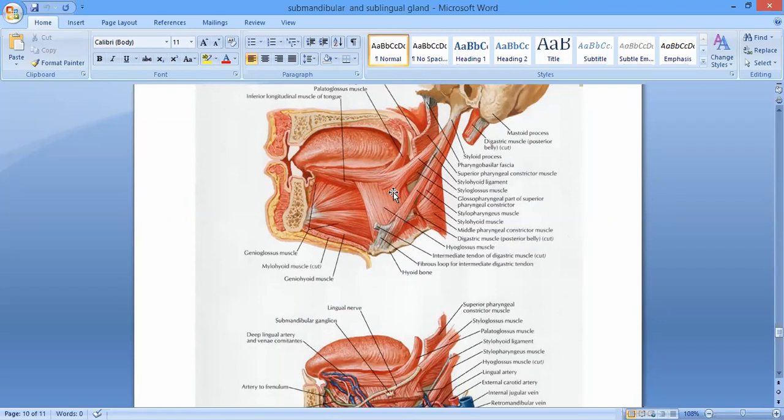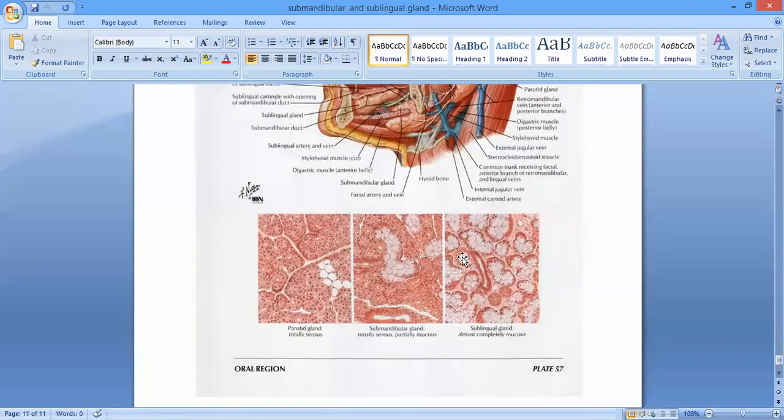So the deeper part, I told you, is smaller in size. Here you can see this is the deeper part, and it is smaller in size. As you see, it is a J shape now. So the short limb of the J is formed by this deeper part, smaller in size, and it lies deep to the mylohyoid coming over here and running up.